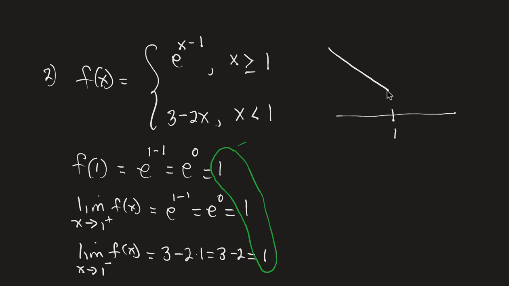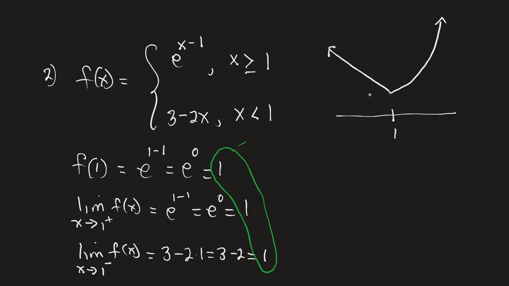And the y value here that it would correspond to is 1, right? So right here. And then the exponential piece now also starts at 1, but if you think of the basic graph of e to the x, and then you do that translation of 1 unit to the right, so it's going to start here at 1, and then it's just going to go up in that exponential form, right?